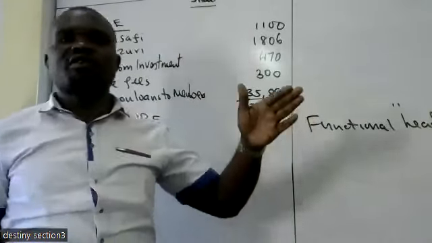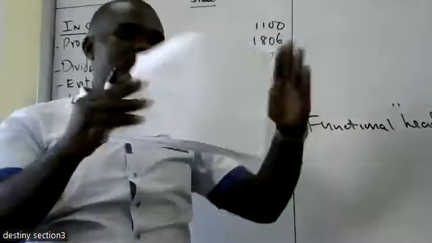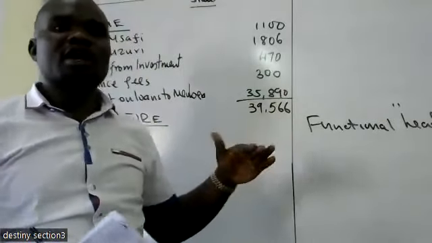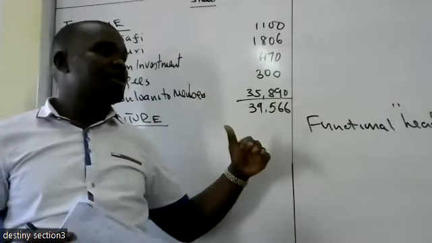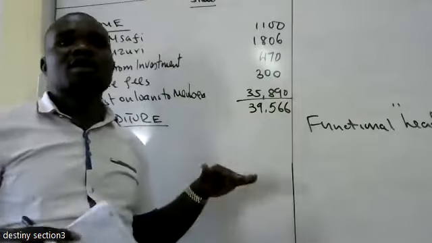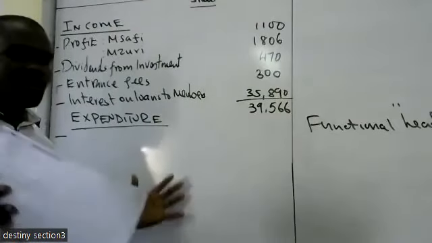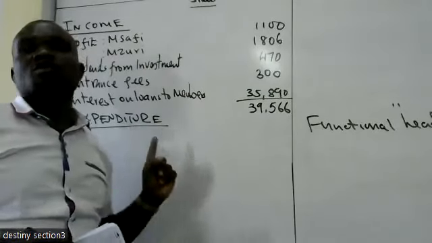Functional heads means things like salaries and wages. You group them together as administrative expenses. Though the commissioner has never been very keen on the classification of expenses, but at least if you can be able to, then that is what is required.